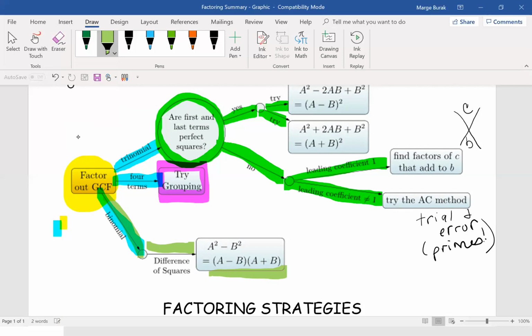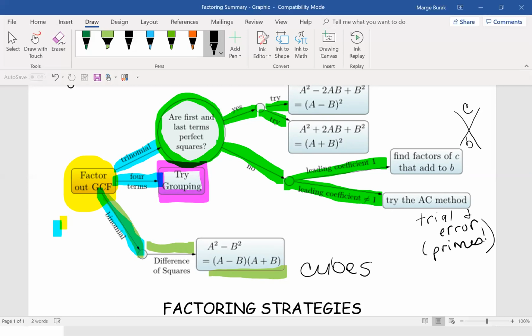There's actually something for a binomial called the sum and difference of cubes. I'm going to mention that here because I think you're going to run into that in your future. It's not in this series of lectures, but I'm going to ask you to look that up on your quiz.